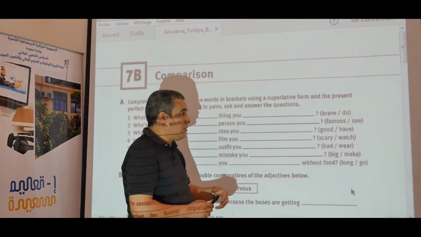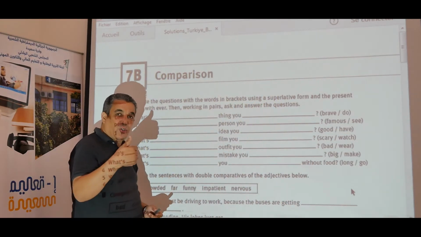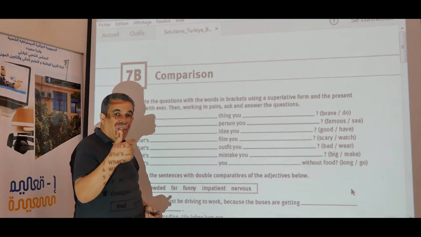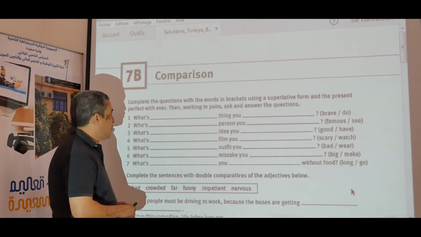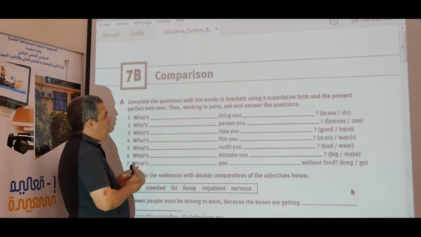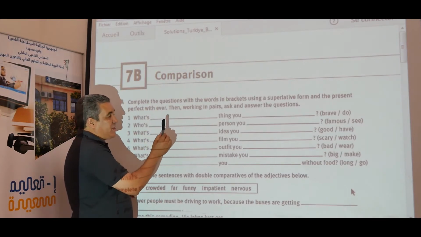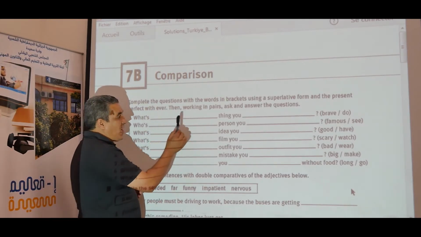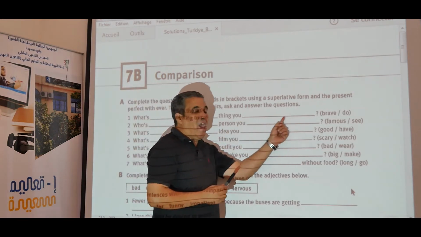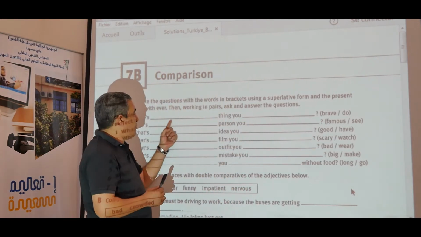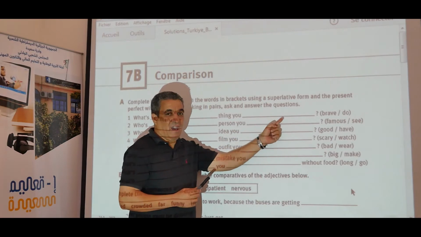So what are we going to do? We're going to use the superlative form with the present perfect and ever. So it should go this way. What's the bravest thing you have ever done?